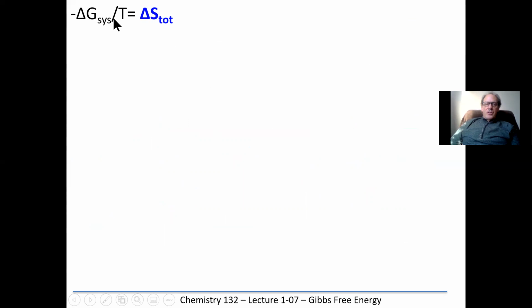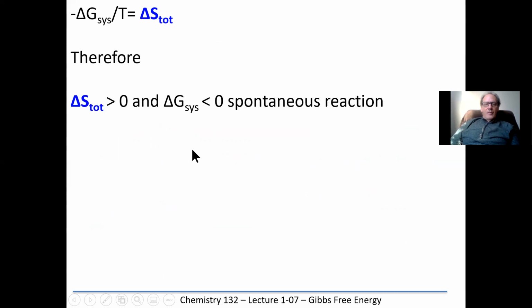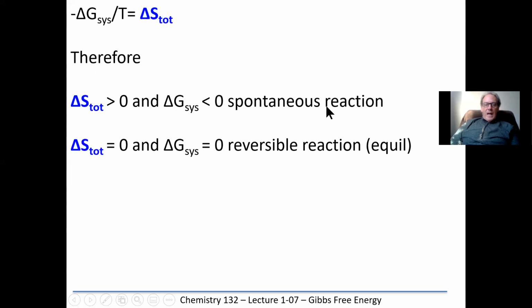Minus delta G system divided by temperature is equal to delta S total. And again, when delta S is positive or delta G is negative, the system is spontaneous. So delta S total is always bigger than 0, and delta G is always less than 0 for a spontaneous reaction.